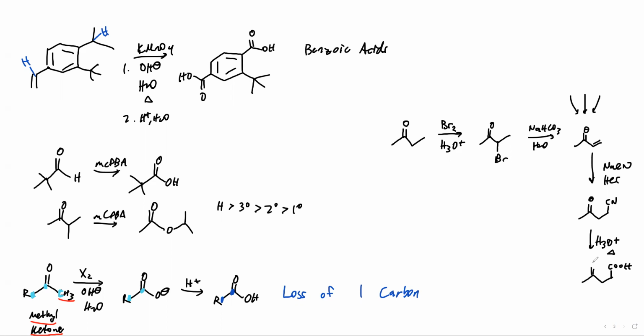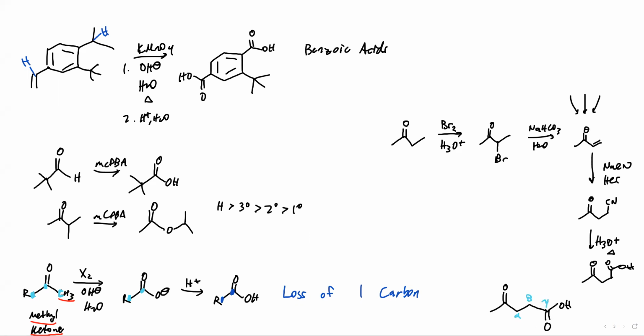So really the pattern here, if there is to be one, is not about adding carbons or losing carbons. If I were to draw this out, it looks like this: alpha, beta, gamma.